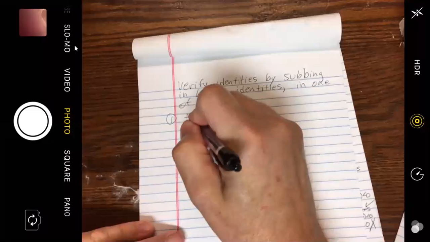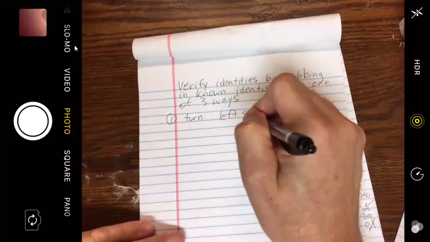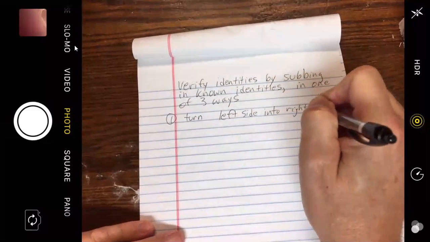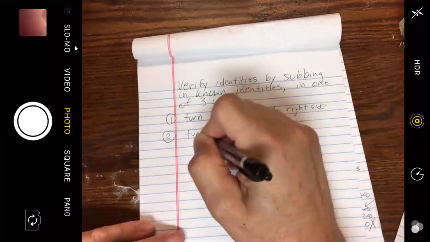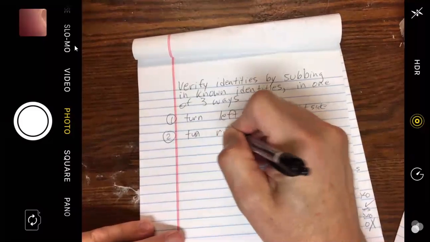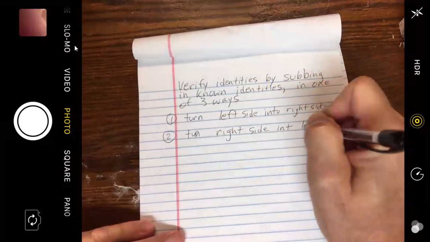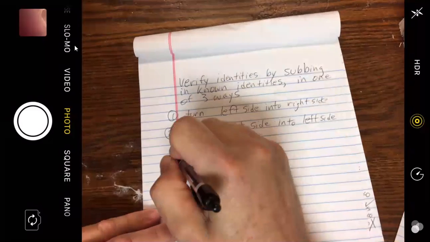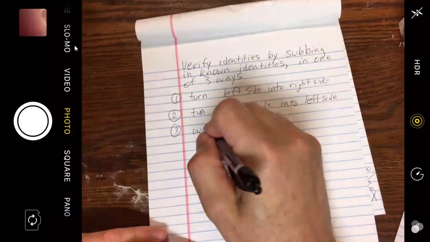You can turn the left side into the right side, you can turn the right side into the left side, or you can work on both sides and meet in the middle.